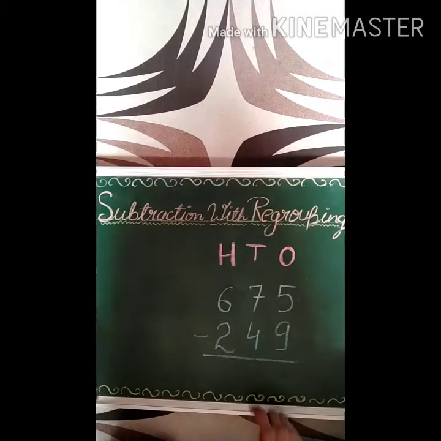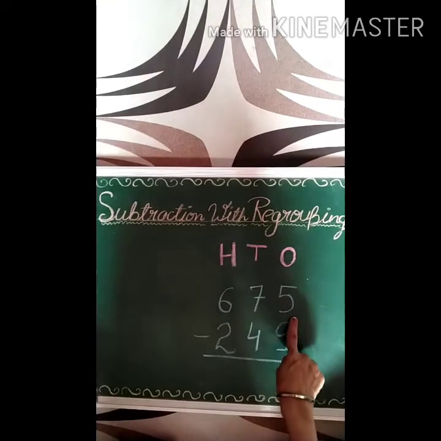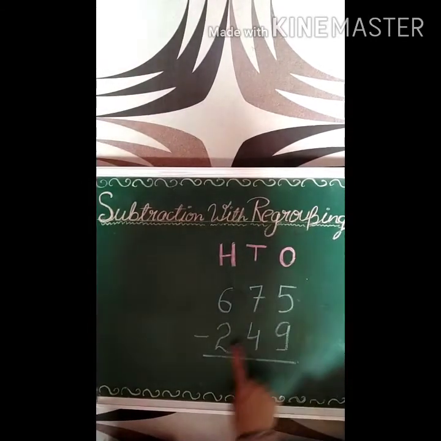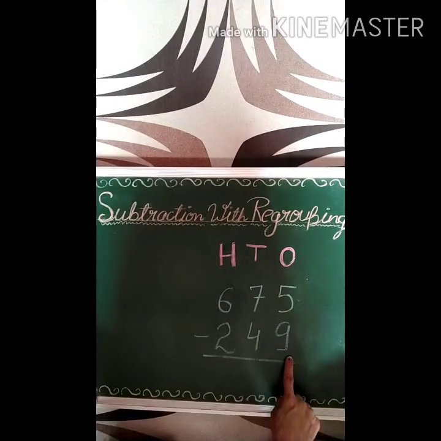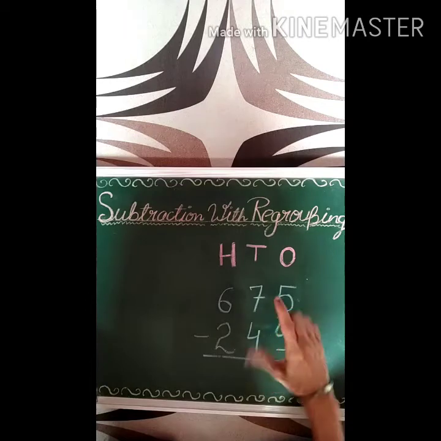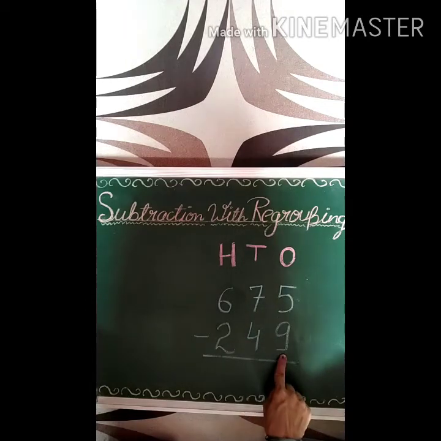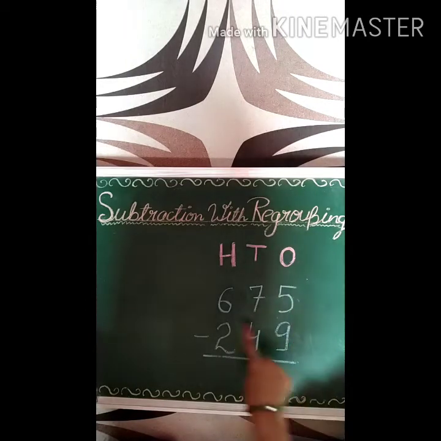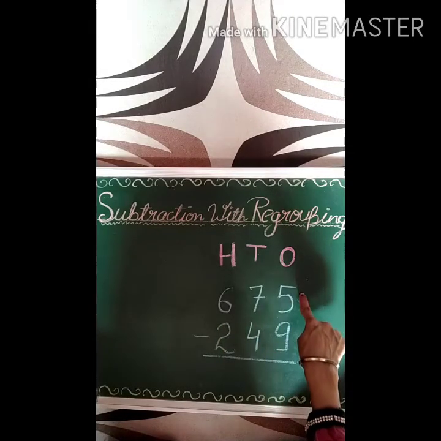One more example we have. Here we have 675 on the top and 249 on the floor, or below, because 675 is larger than 249. So we place 675 on the top.